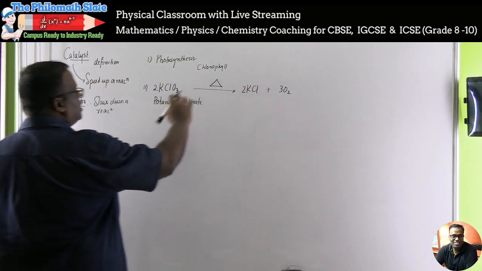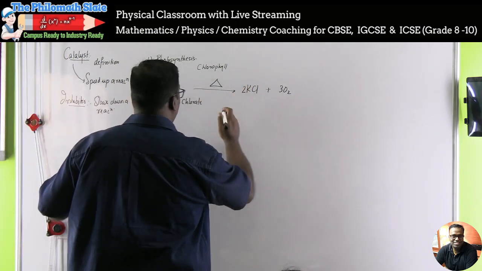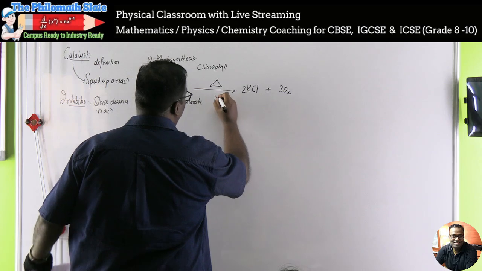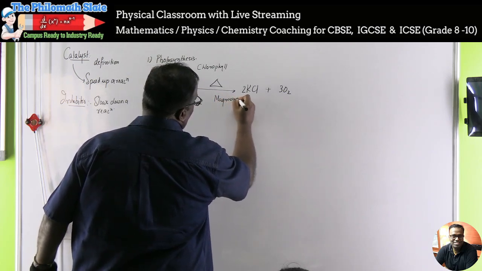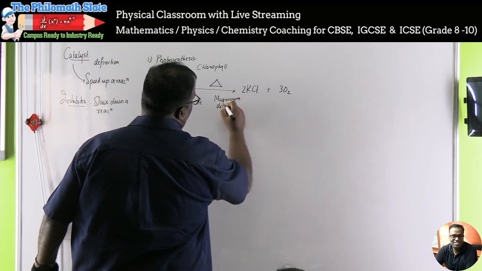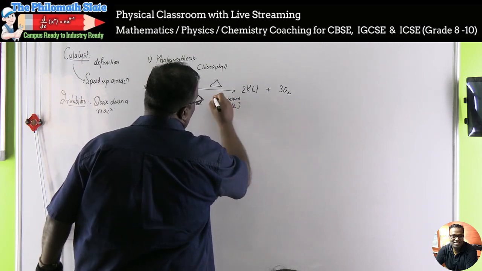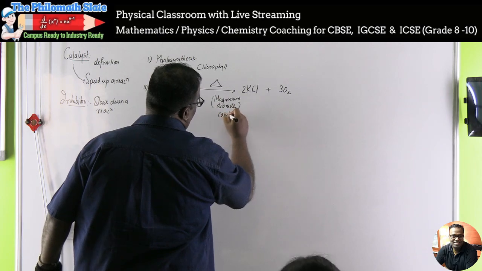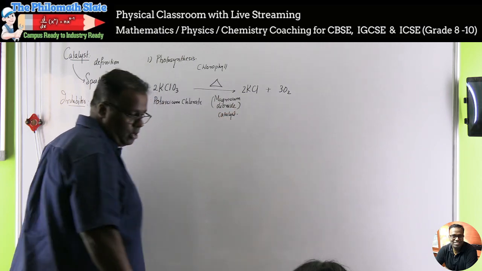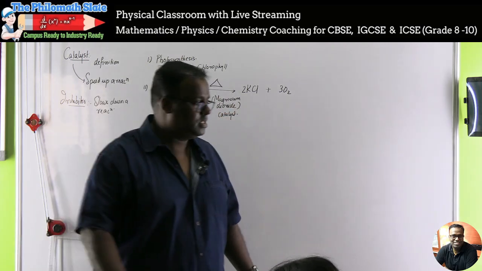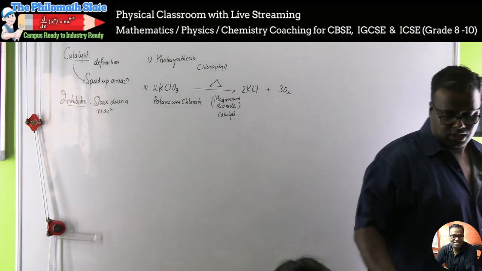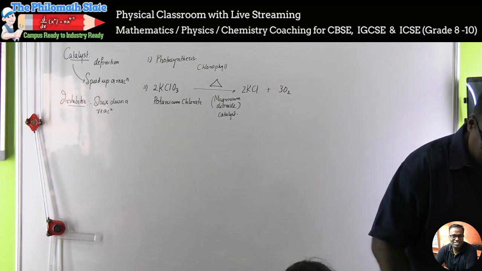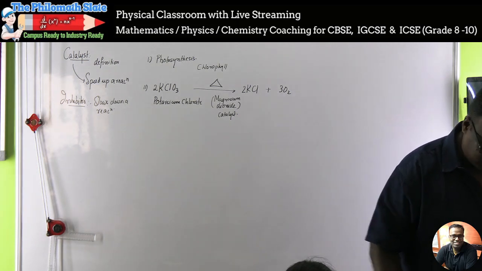Now this reaction just by applying heat will not happen. You have to have magnesium dioxide. This is the catalyst. Anyone has the book? Oh, I have it. So let me check. The magnesium oxide, not dioxide.